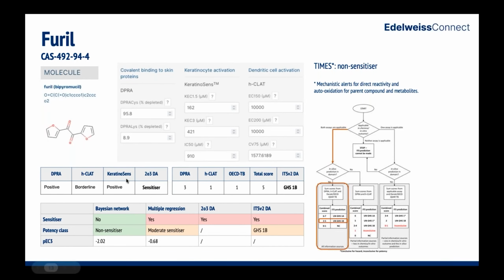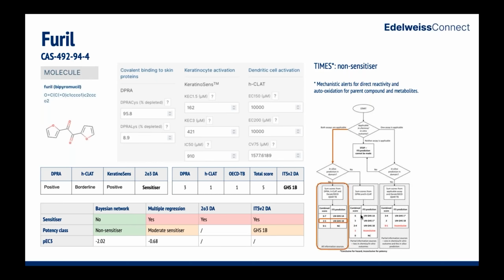So 2 out of 3 defined approach easily predicted furyl as sensitizer. And following ITS V2, 2 assays were available and applicable. And the in silico prediction was also there and within domain, and total score contribution was 5, that classified furyl as UNGHS 1B.